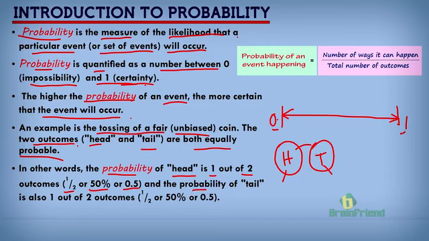And also the probability of a tail is 1 out of 2 outcomes. So we write that as half, or 50%, or 0.5. So in our probability line, we have the midpoint of our line to be 0.5. So the possibility of getting a head or a tail falls within this region.